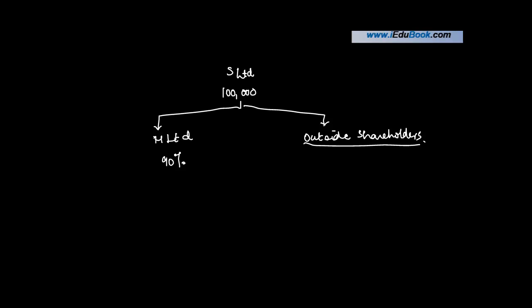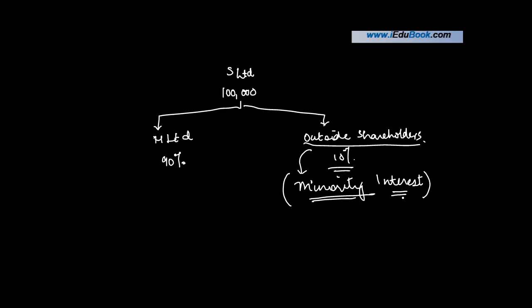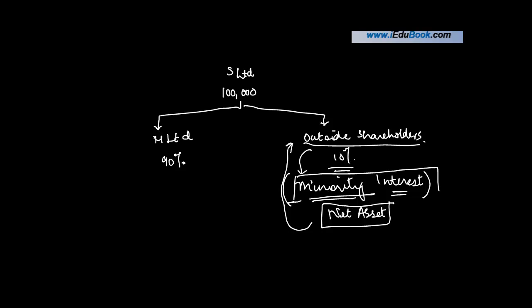These outside shareholders constituting 10% are referred to as the minority interest in the consolidated balance sheet. So what we do is we show the value of the net assets being consolidated in the balance sheet which belongs to the outside shareholders. And the nomenclature for this is minority interest.